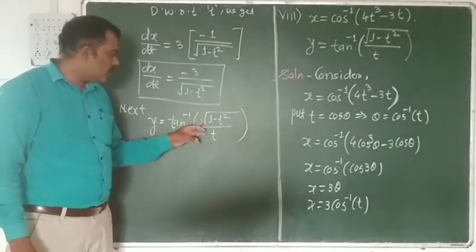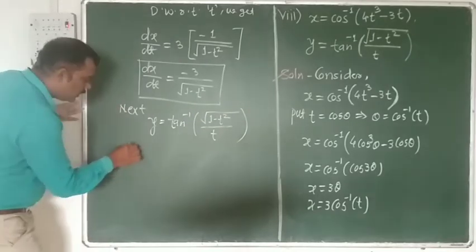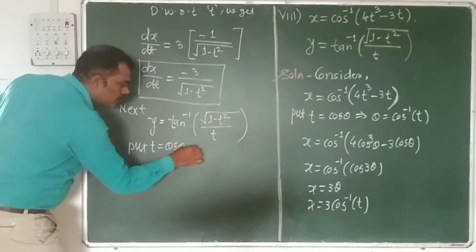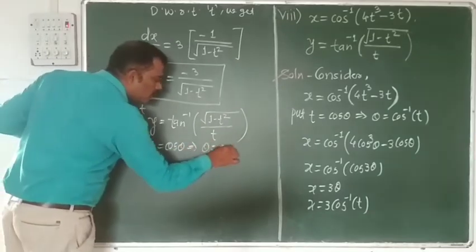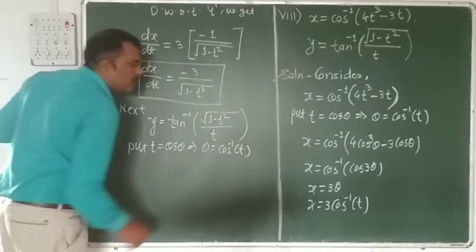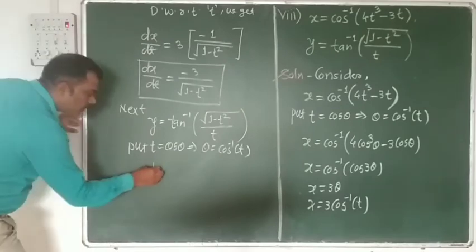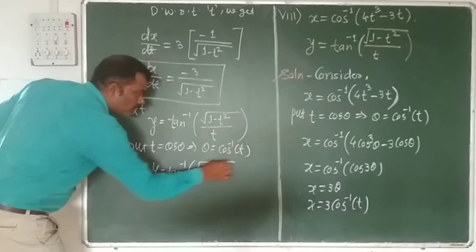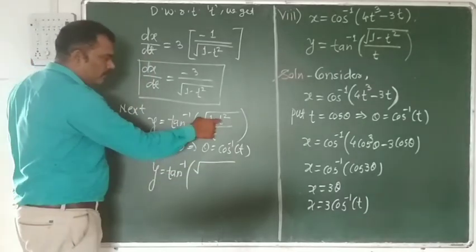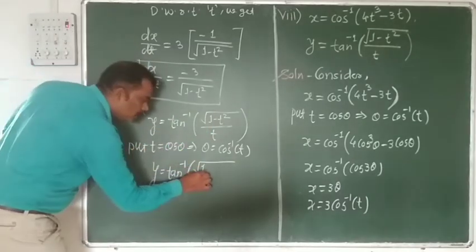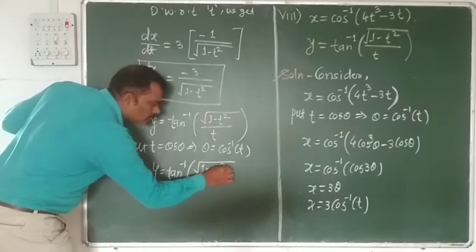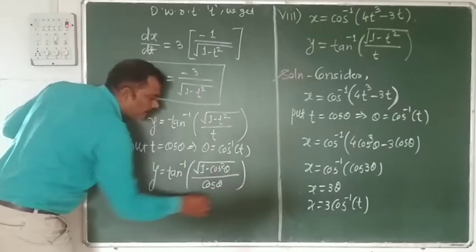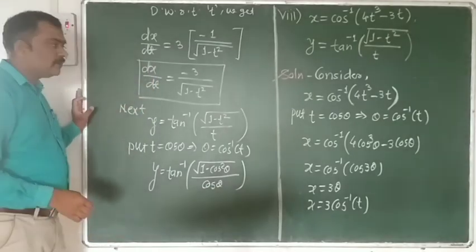Okay. Now we put t is equal to cos theta. This implies that theta is equal to cos inverse of t. So y is equal to tan inverse of the square root of 1 minus cos square theta divided by cos theta. 1 minus cos square theta is nothing but sin square theta.